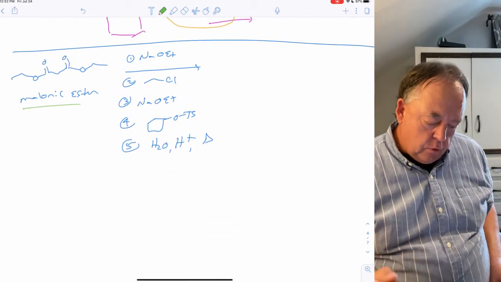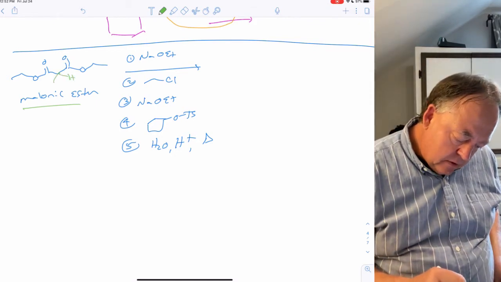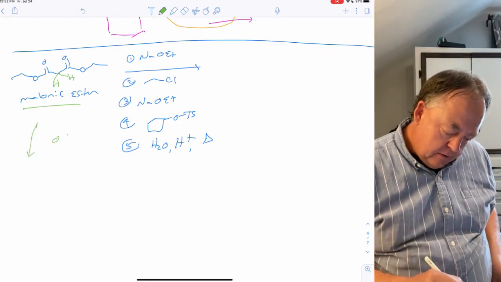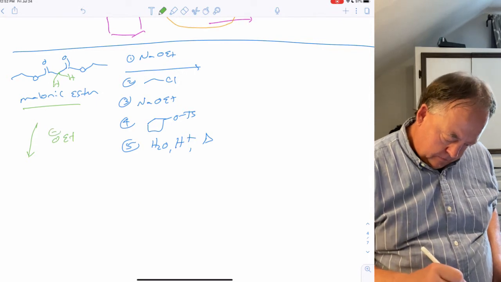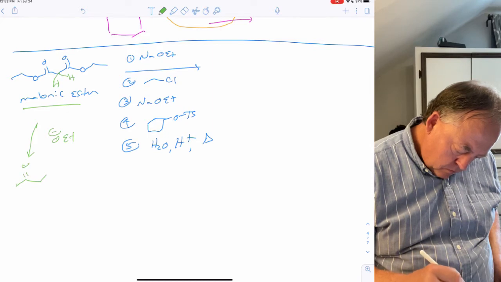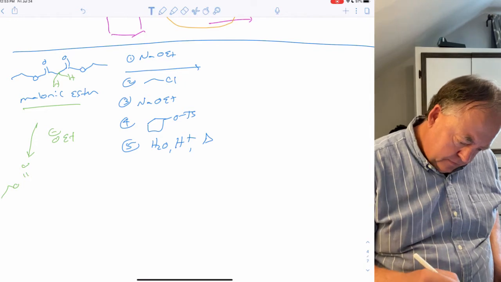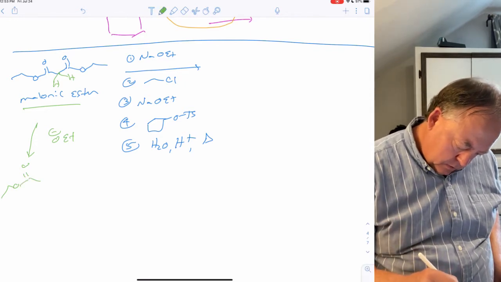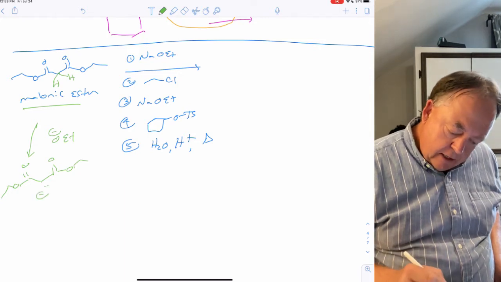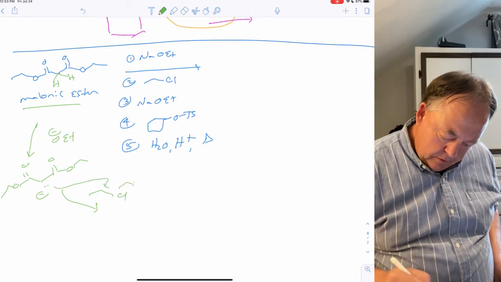So now we're just starting with a molecule called malonic ester instead, with a similar concept. Those hydrogens in the middle are acidic, so if we react that with a base, then you would make that enolate, and with an alkyl halide, do your SN2.